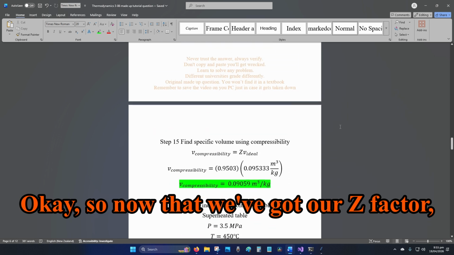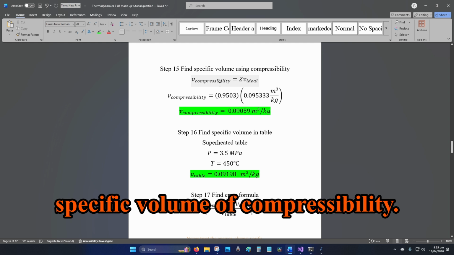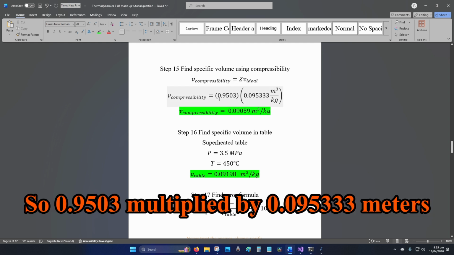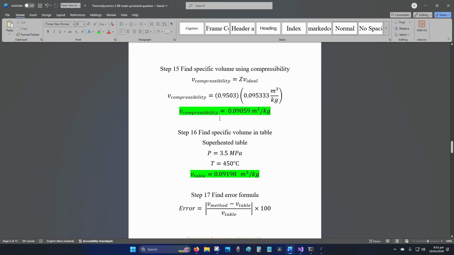Okay, so now that we've got our Z factor, we can now find the specific volume of compressibility. So 0.9503 multiplied by 0.095333 meters cubed per kilogram, so we'll get 0.09059 meters cubed per kilogram.